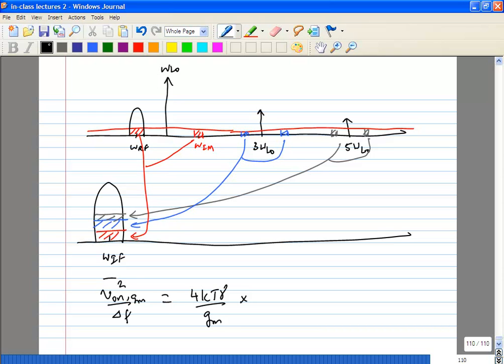And this is going to get multiplied by the noise transfer functions of each one of these components. What is that? Of course, you have to multiply by the square of the gain times 1 plus 1/3 squared. So 1/3 is the coefficient for the 3 omega LO.